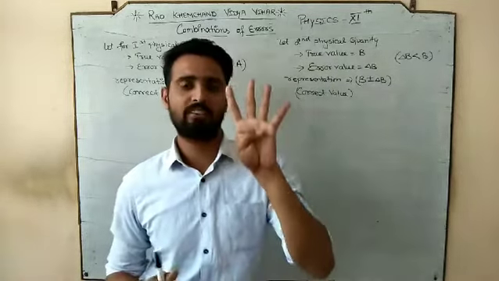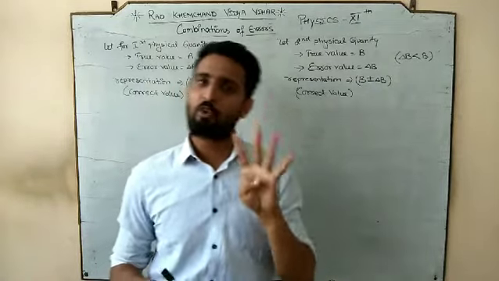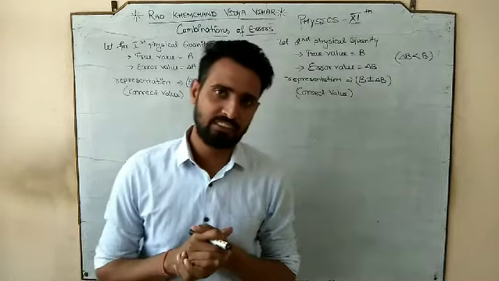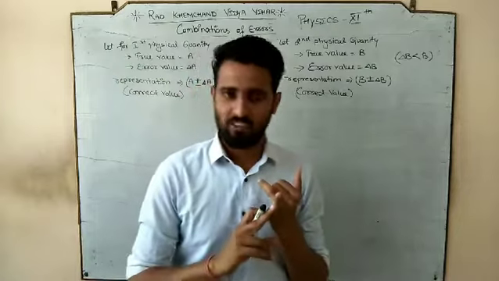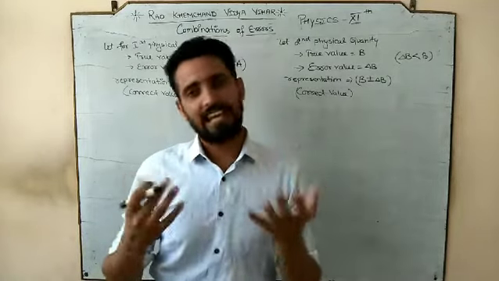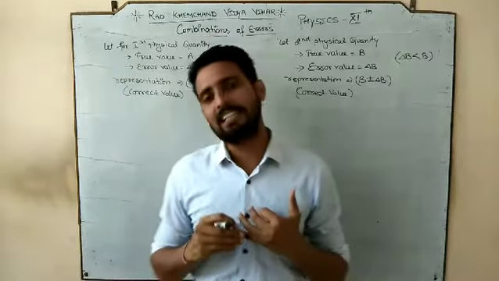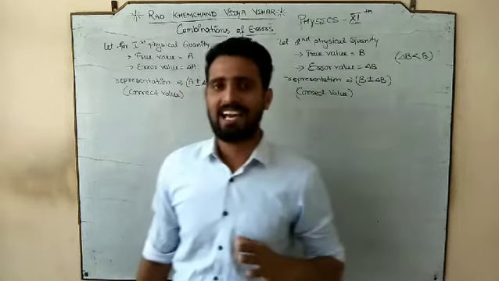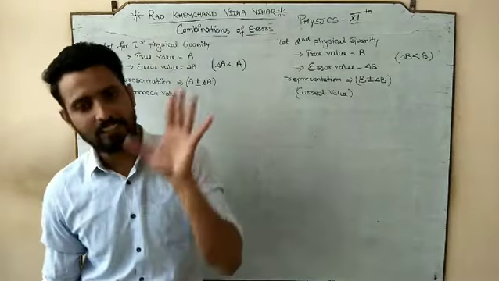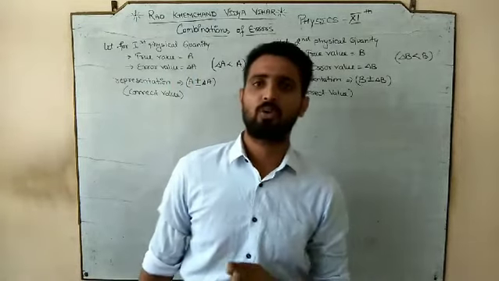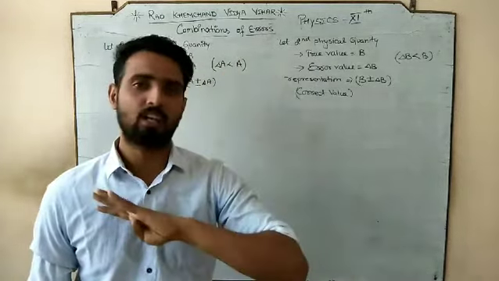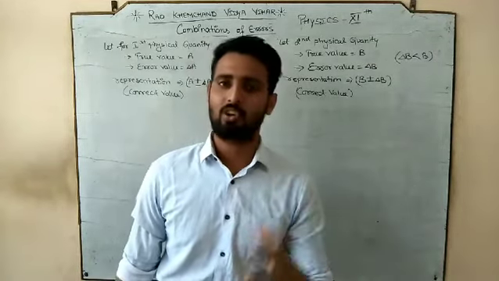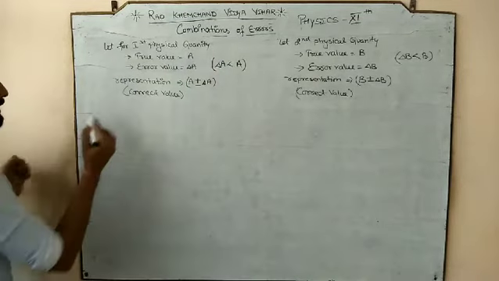There are four basic mathematical operations by which we can combine various physical quantities: addition, subtraction, multiplication, or division. In today's lecture we are going to do all four mathematical operations, or all four combination techniques, on physical quantities. Let's start with the first combination.